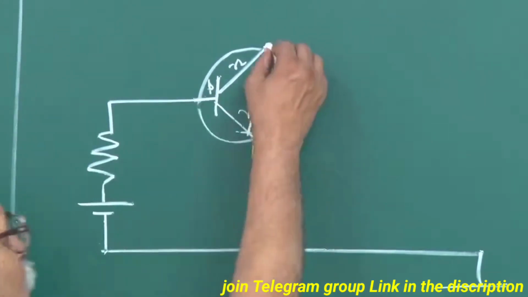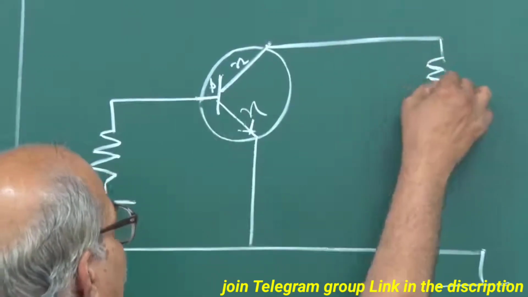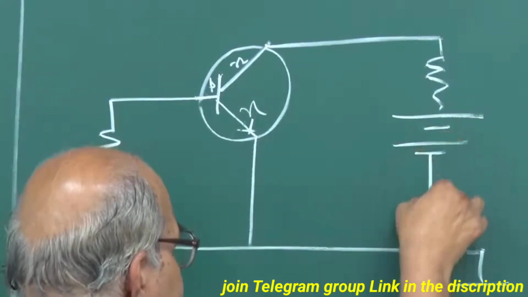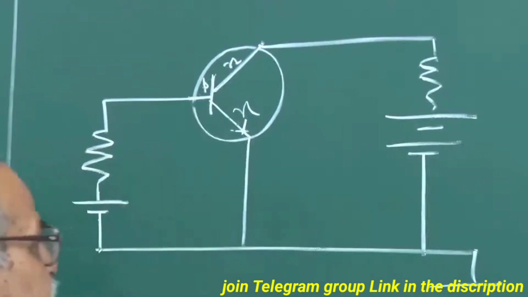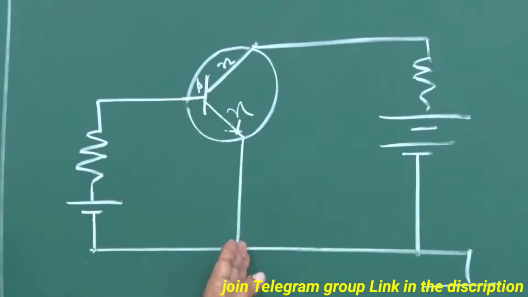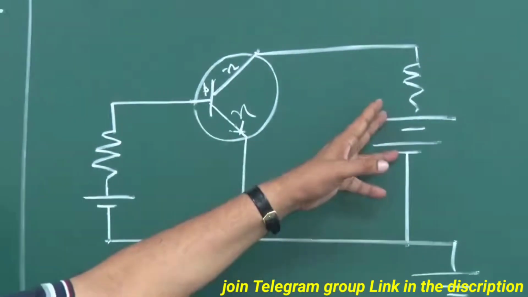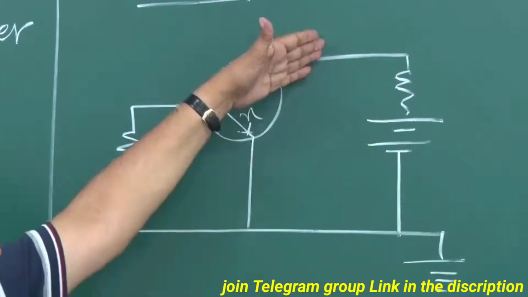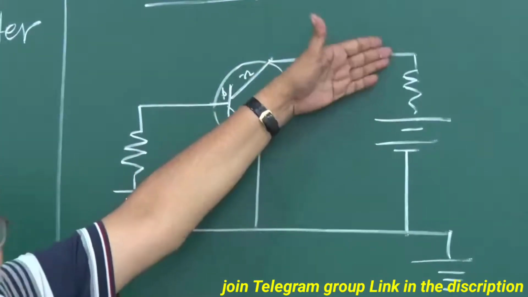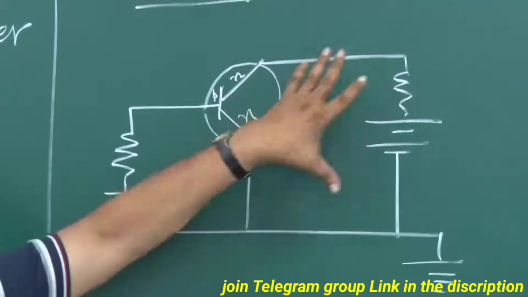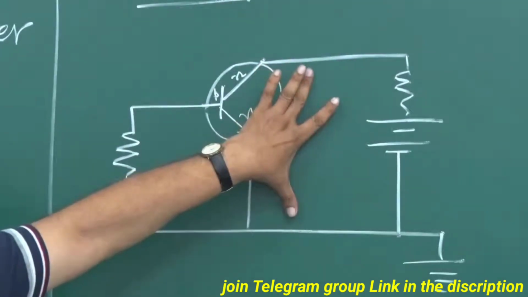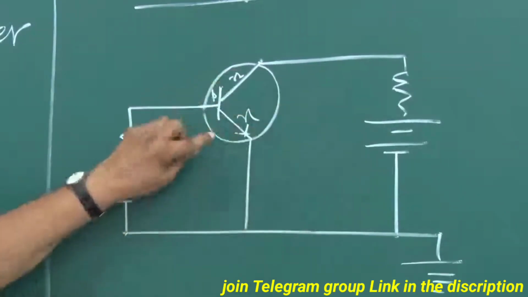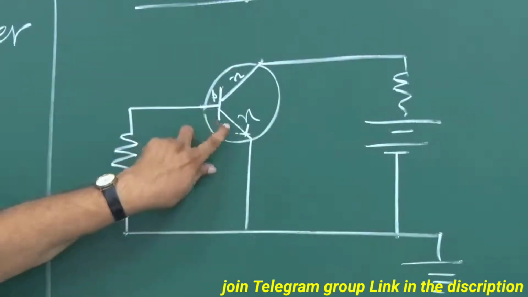Okay, so you have to add positive of the battery here, like this. And this should be strong enough, this should be large enough so that this is reverse bias, because there can be a current drop across this resistor and that can actually reduce this voltage. But this voltage should be positive and more than the potential that is dropped here.